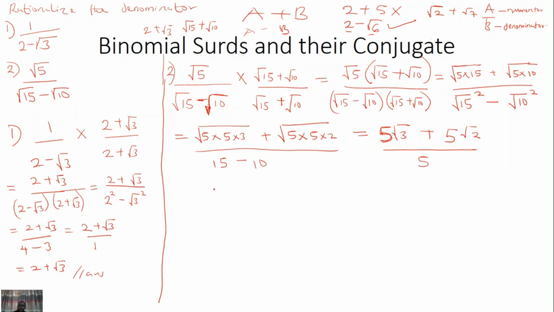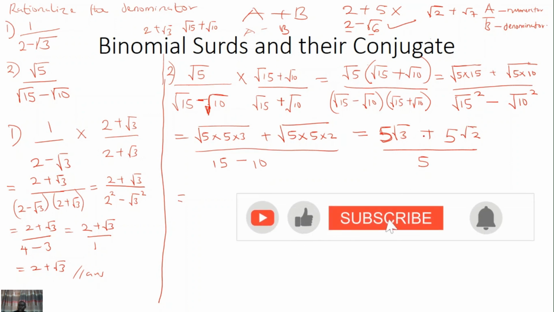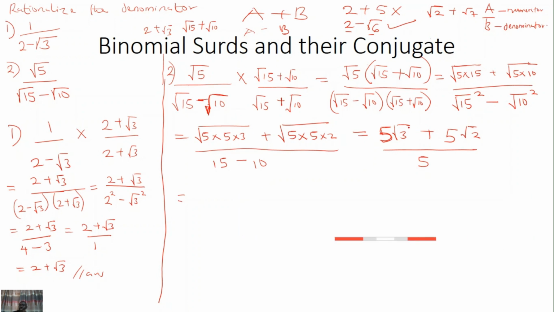Now, don't make the mistake of adding these two terms because they are different. If you watch my videos on addition and subtraction of surds, what I said was that for you to add two surds together, both their root and the number contained in the root must be the same. So you don't add these two together because they are not the same.